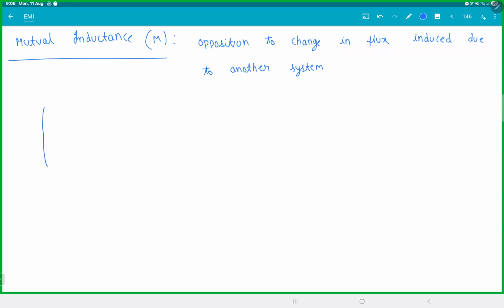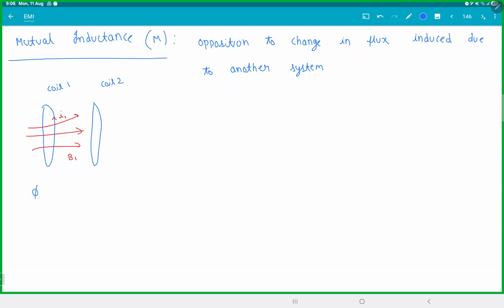So let's say you have two coils. If you send current I, this will generate magnetic field B1.